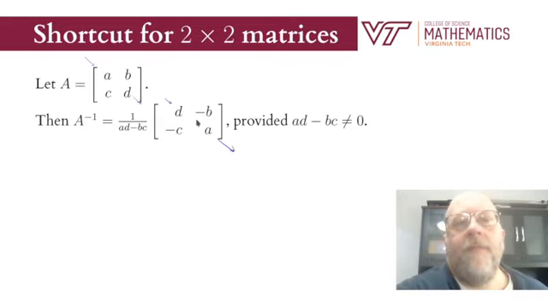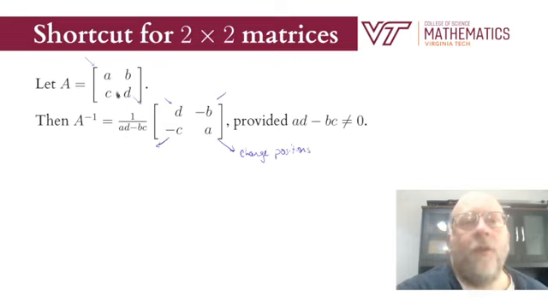These become D and A. And then take the other diagonal, the minor diagonal, which is B and C, and they don't switch positions, they change signs. And then at the end, we multiply by this number here, 1 over AD minus BC.